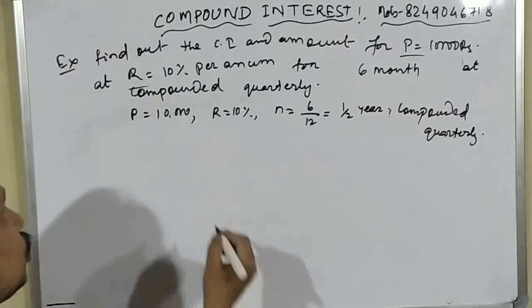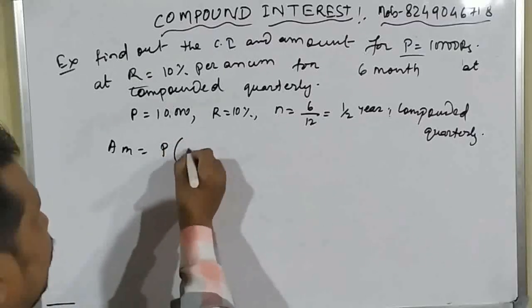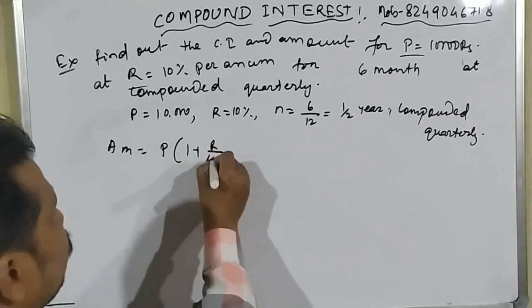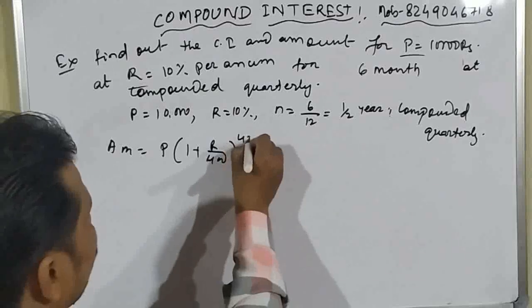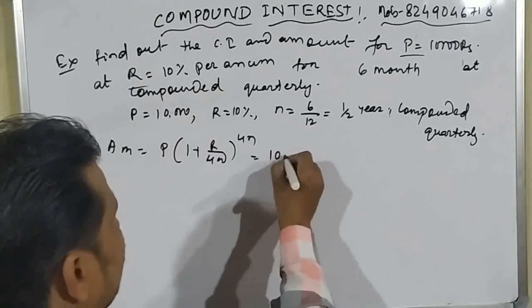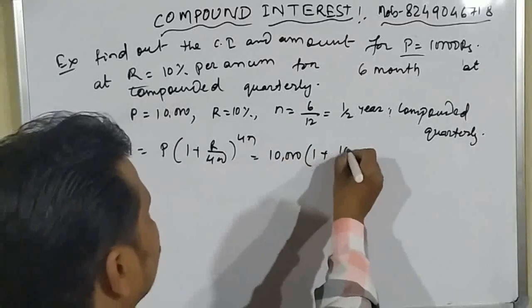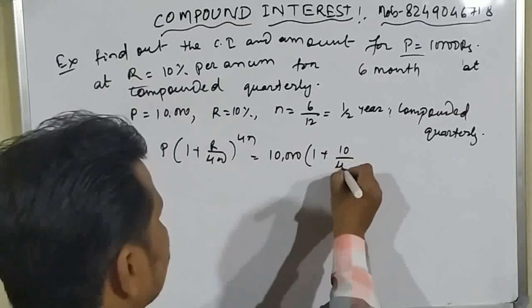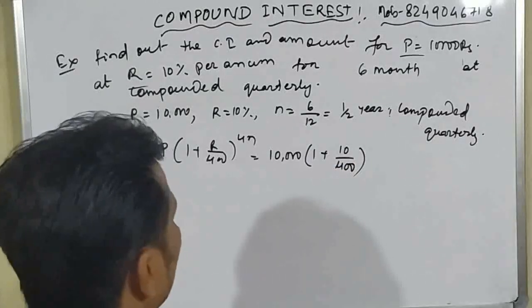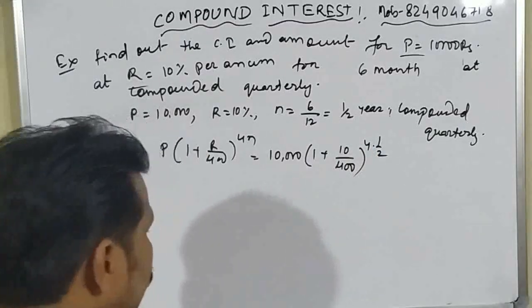Compounded quarterly. So the formula of the amount is equal to how much? Principal into 1 plus r by 400 whole to the power 4n, which is equal to 10,000 into 1 plus 10 by 400 whole to the power 4 into n, n equal to 1 by 2.